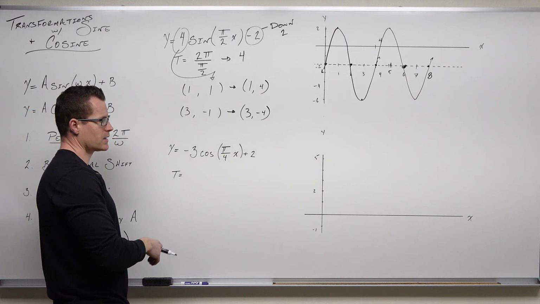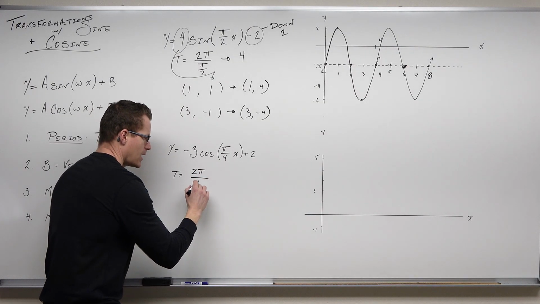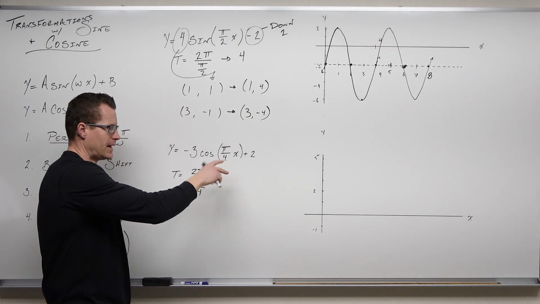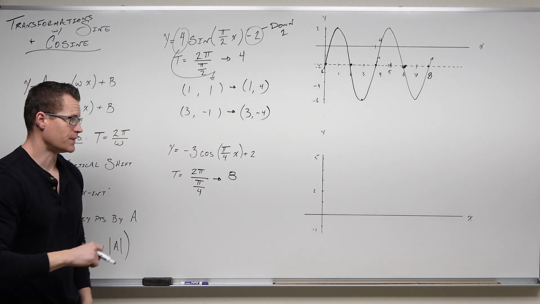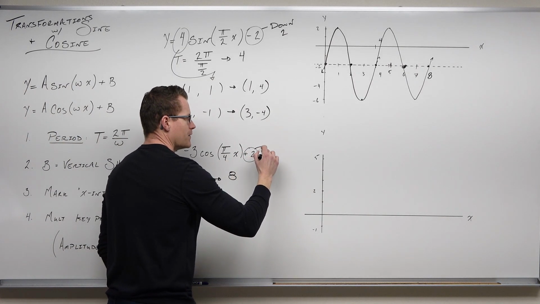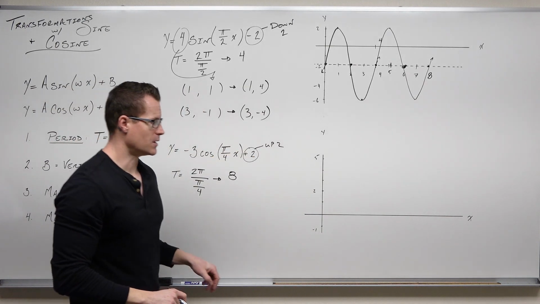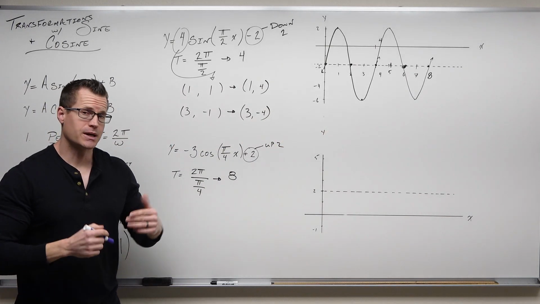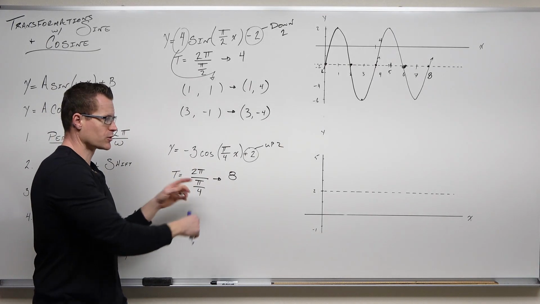We have cosine here. Cosine has a period of 2 pi. If we divide by pi over 4, then that's going to give us a period of 8. Now we're going to graph that in just a bit, that period, but we're also identifying that that is up 2. So I'm going to make a vertical shift up 2. Now because we've done that, we can put our period of 8, notice reciprocate, multiply, you're going to get 8.